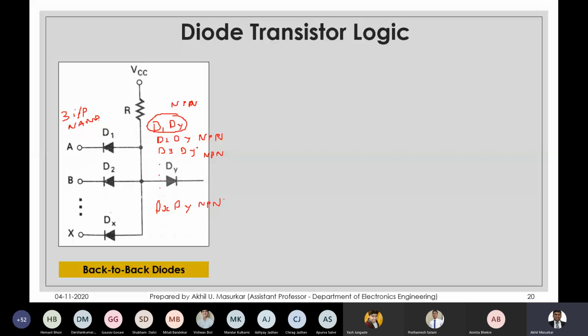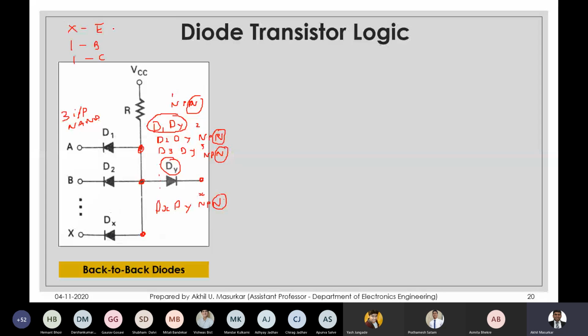But out of these NPN transistors, the base is common to all the transistors, and this N region of each transistor is also common with every other transistor. So what happens is we have X emitters, one base and one collector.